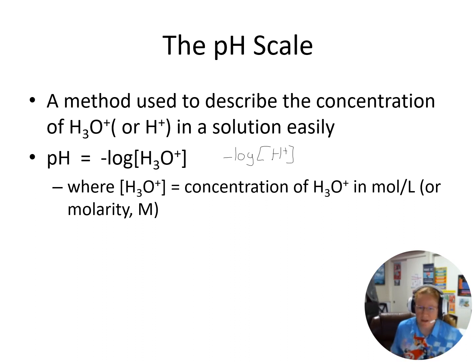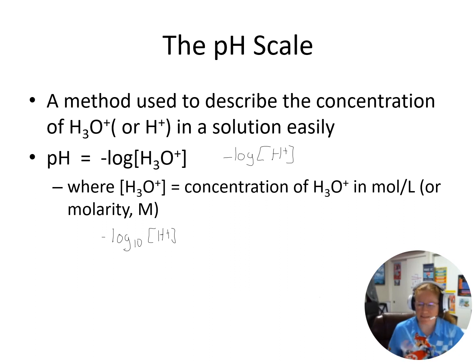Same thing. Now, one thing that we don't write is that it's log base 10 of the H plus, because we work in a base 10 system. And it's a negative log here.